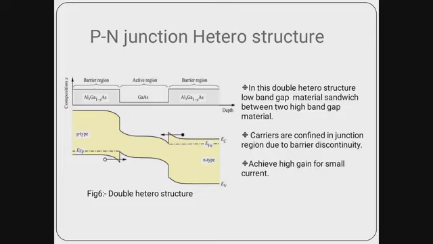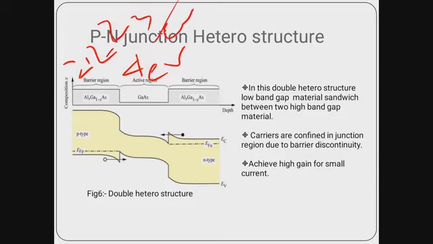In case of gallium arsenide, the electron affinity is 4 electron volt. But in case of aluminum gallium arsenide, it is 2.2 to 2.3 electron volt, near about. That is why gallium arsenide is sandwiched in between two compound materials, aluminum gallium arsenides.